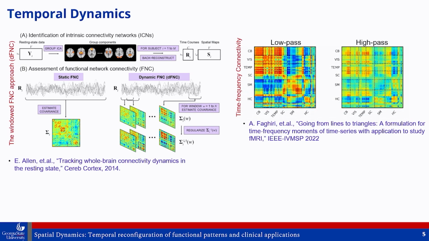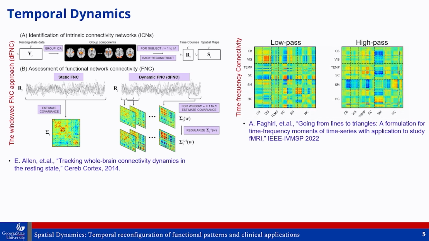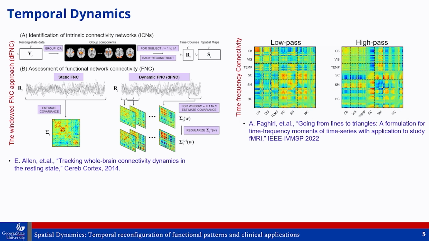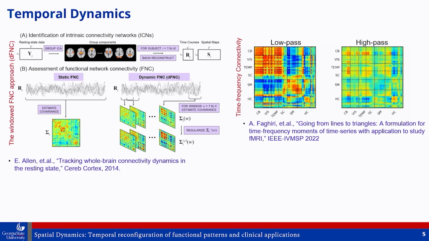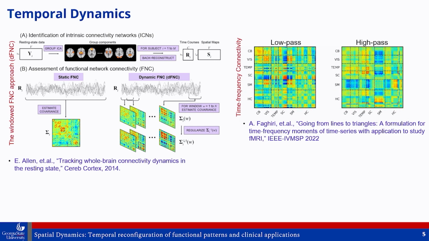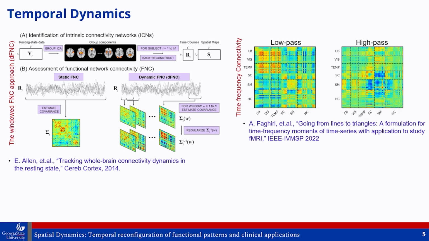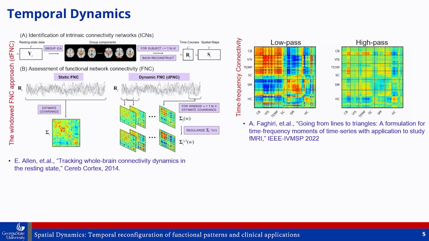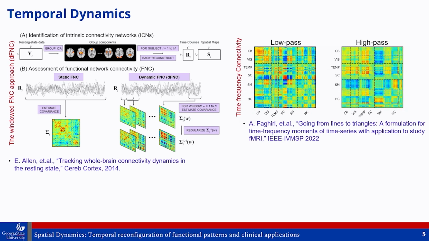The figure on the left shows an example of classic time-varying functional connectivity analysis. First, we run an ICA to get the intrinsic connectivity networks and their time courses. Then, instead of calculating one functional connectivity using the full time series, we apply a sliding window.